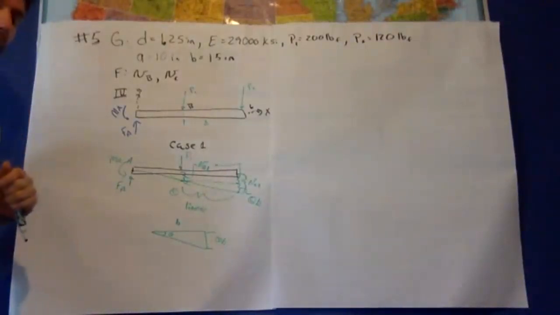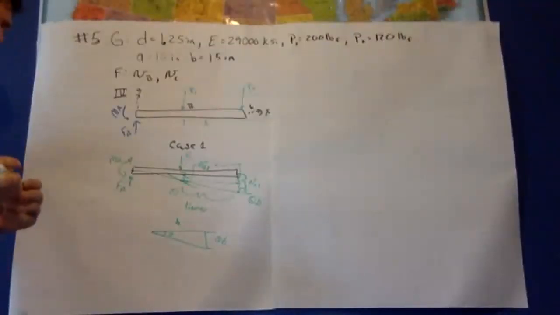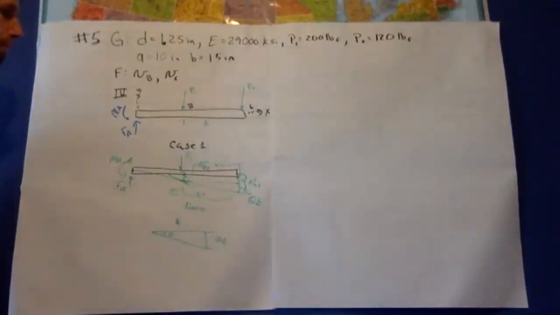So you'll use trig to solve for theta B and add that to the displacement of B to get the displacement of C. Yeah, I need the angle, this angle here. And I use that angle multiplied by B, because that's linear at that point. Does that make sense, Connor? Yeah, that's good.